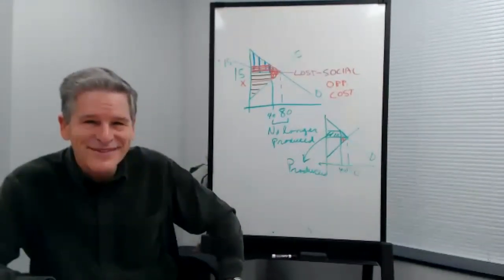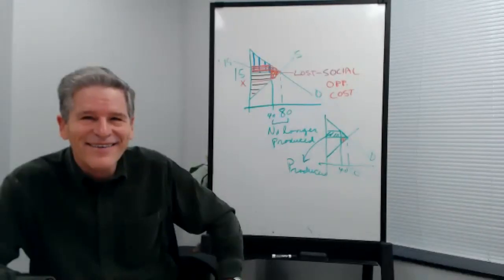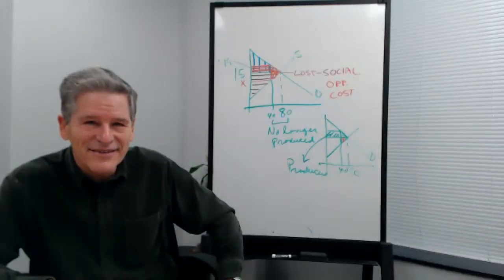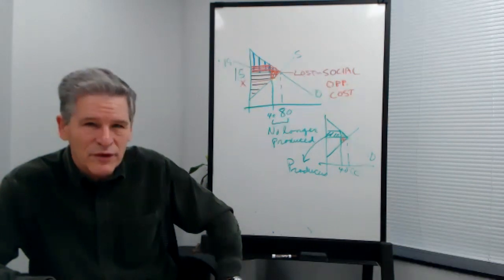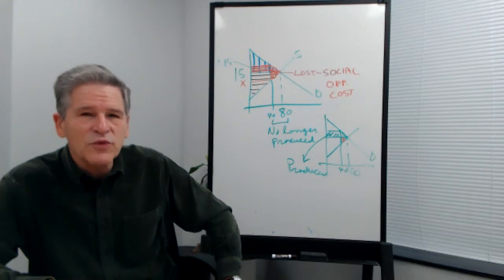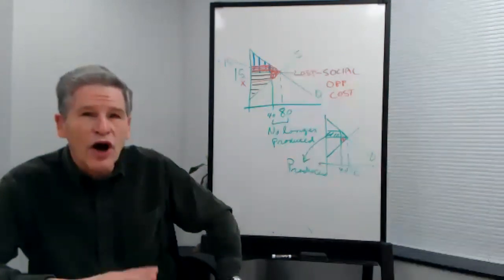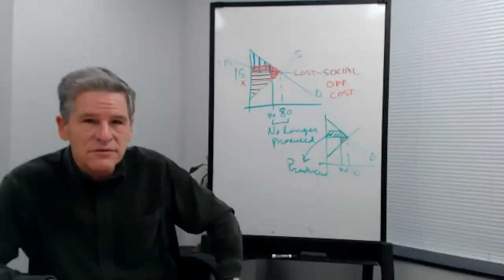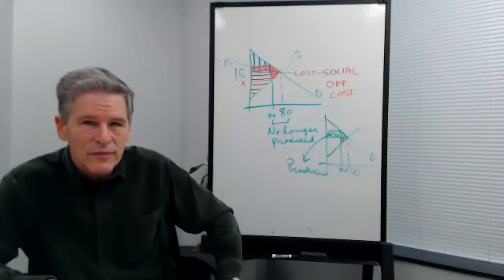So I had a question about deadweight loss, but I'm pretty sure you just answered it. I was basically just going to ask if the portion that you said was no longer produced is the deadweight loss, and that's what causes the deadweight loss. When you no longer produce, it causes the deadweight loss. But is the deadweight loss equal to the social opportunity cost?